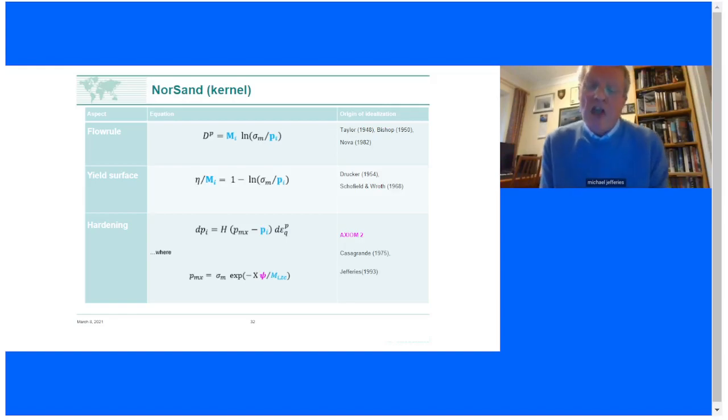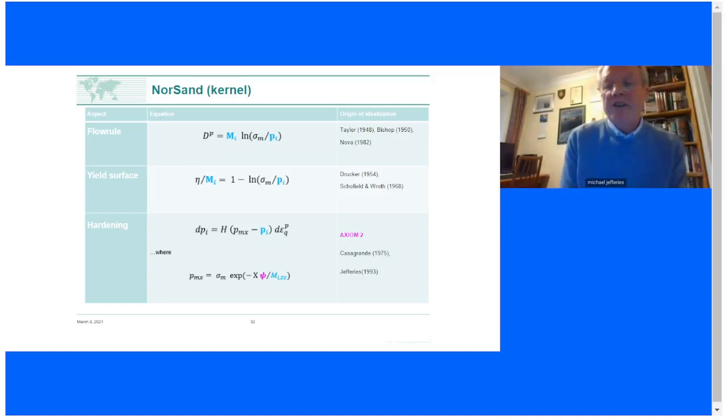The M_i term in there, you might think that's a material property M. No, it's a little bit more sophisticated than that. M_i will evolve, and it depends on the grain shape, and it depends on the mineralogy and a few other things. So we make M_i a function. Now, M_i is effectively where we put an idealization in. And in the implementation of NorSand in Plaxis, we give you a couple of choices.